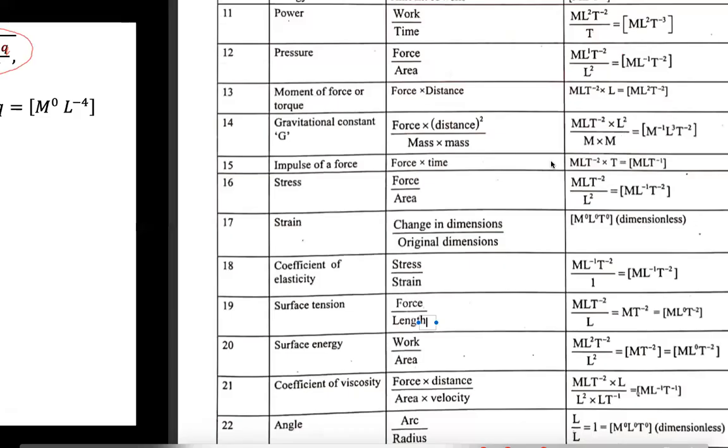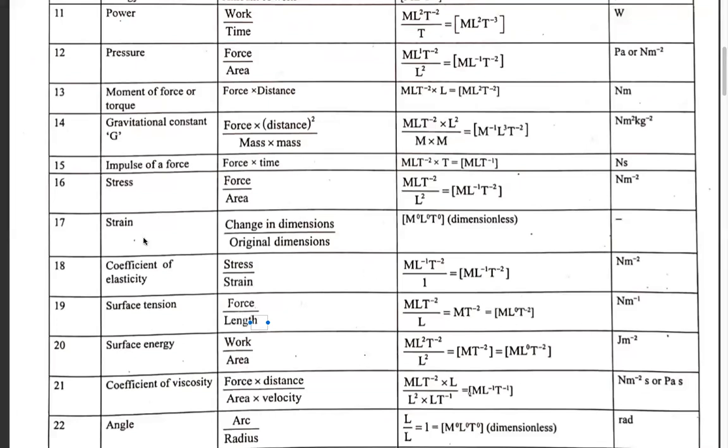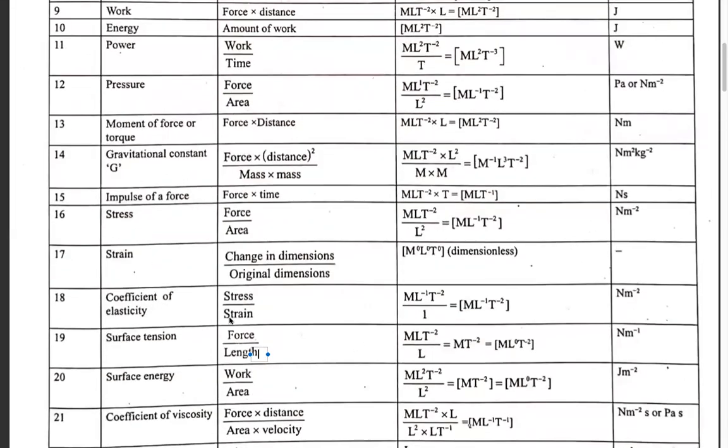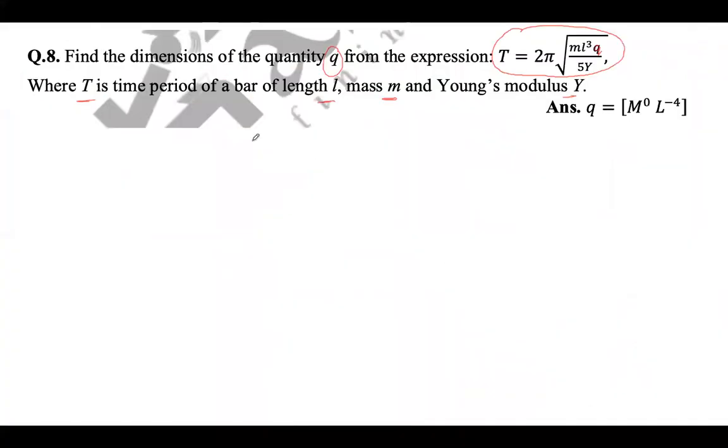Now here is this question: find the dimension of the quantity Q from the expression. An expression is given with mass, length, and Young's modulus. L is length, M is mass, Y is Young's modulus, T is time period. We have to find the value of Q. Young's modulus is stress upon strain. The modulus of elasticity, or coefficient of elasticity, is stress upon strain. So the dimension of Young's modulus will be M L minus 1 T minus 2.